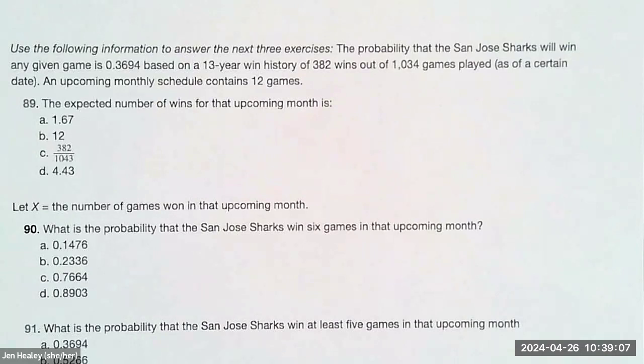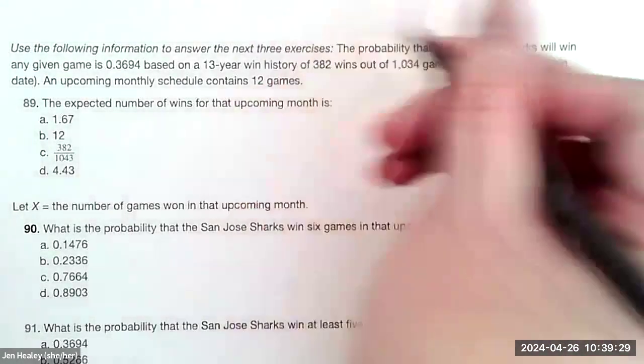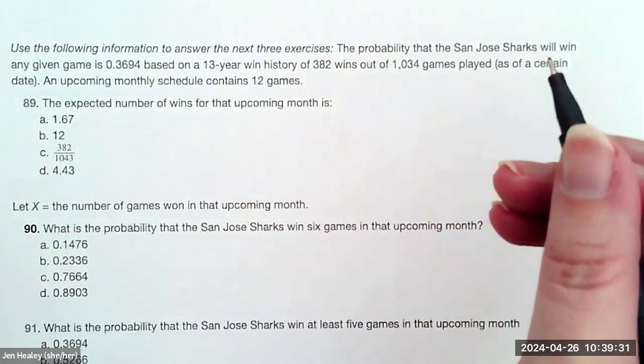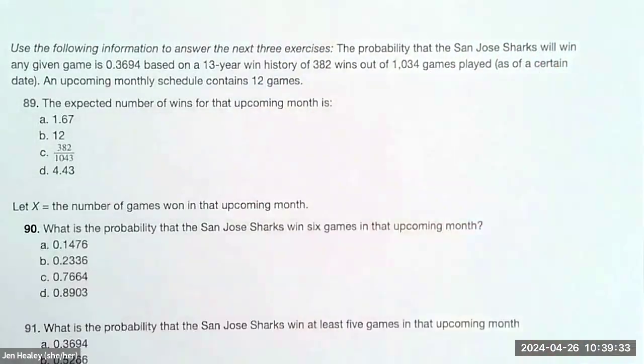So we've got some interesting letter choices off to the side. What this is asking you to do, in terms of having a predicted win total: you had 382 wins out of 1,034 games.